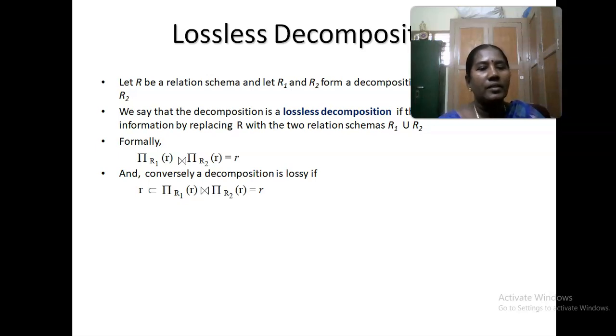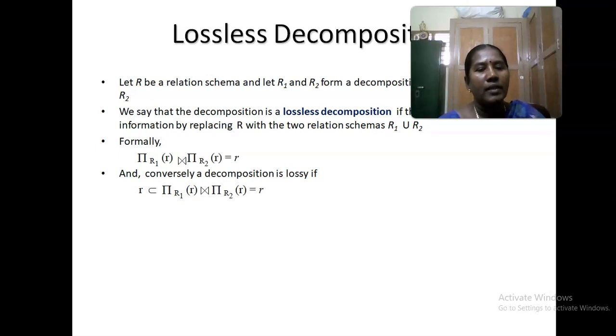Now we can consider lossless decomposition. Let R be a relation schema that is decomposed into R1 and R2, forming a decomposition of R, that is R equals R1 union R2.